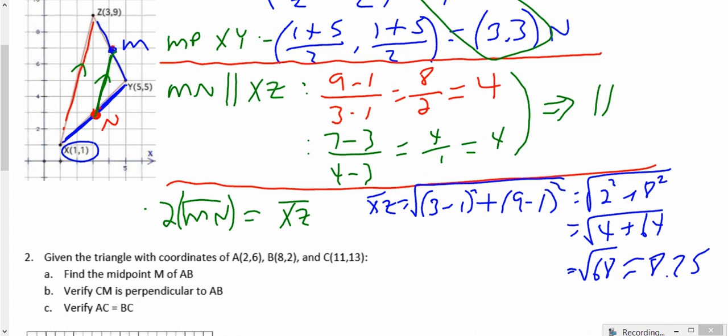Now let's find out the length of MN. So same idea. We take the coordinates.